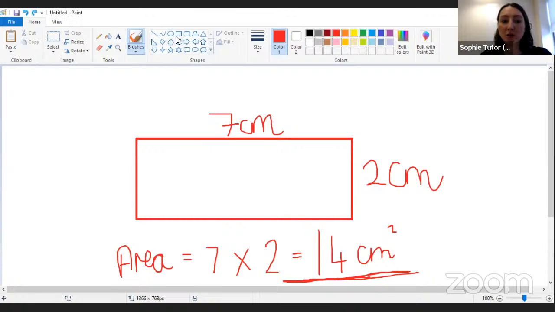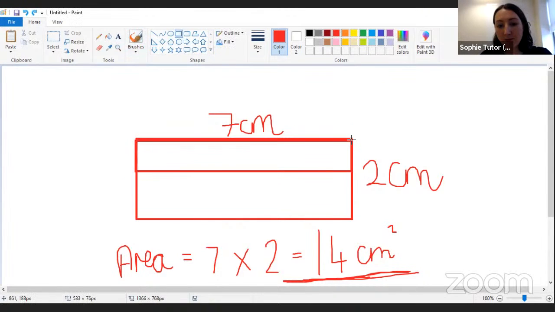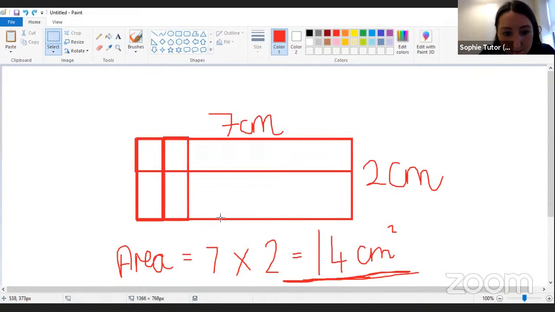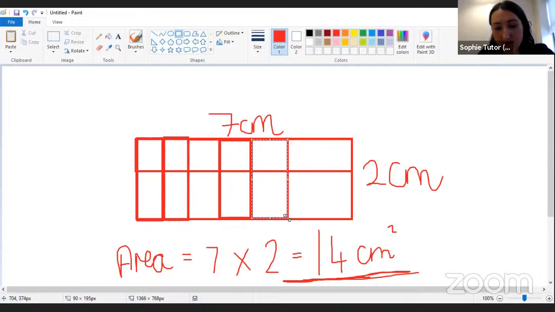Okay, and what we could have also done is breaking this down into our individual squares, like that.